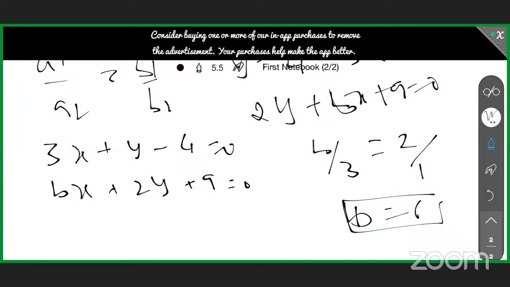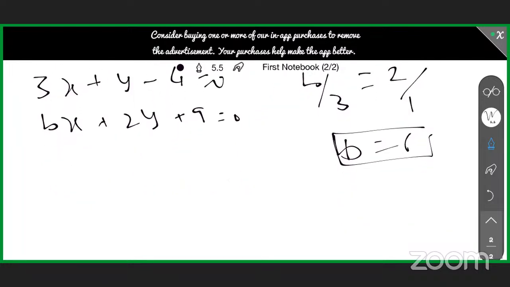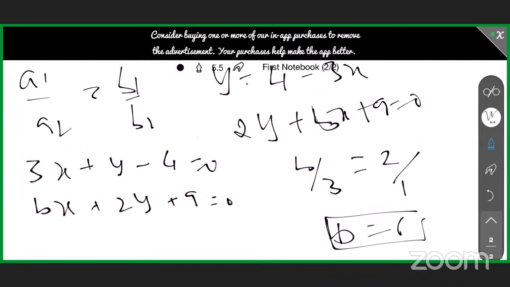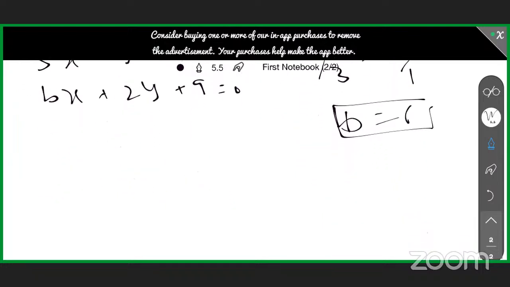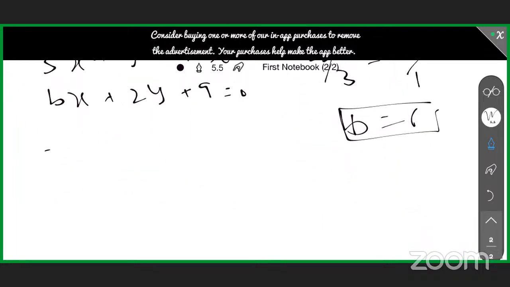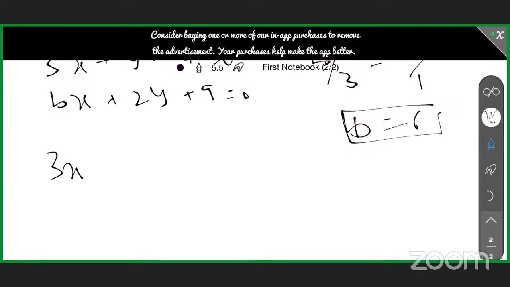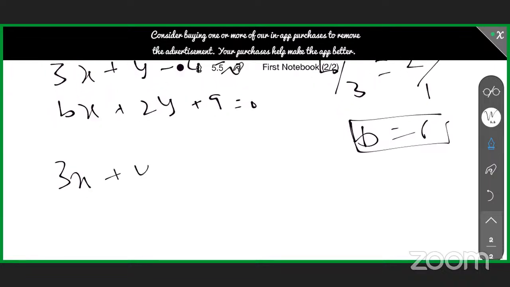Now we take the other two perpendicular lines. I take the simplified equation. The simplified equation is 3x plus y minus 4 is equal to 0. With this one, another perpendicular line is what? ay is equal to x plus 10.